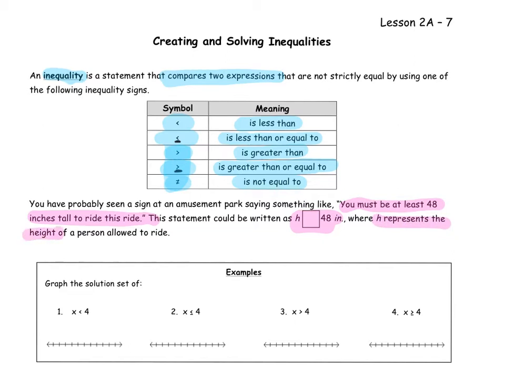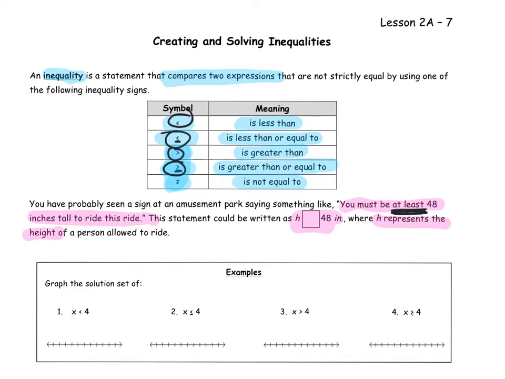Okay, so we want to know what symbol goes here. Is it going to be less than or equal to, greater than, or greater than or equal to? Well, where's the key word here? You must be at least 48 inches to ride this ride. The key word here is at least.